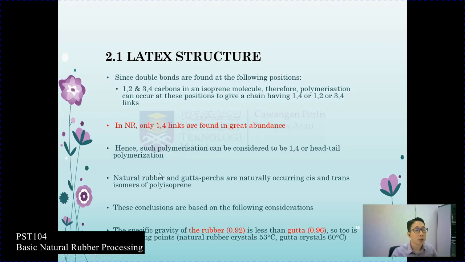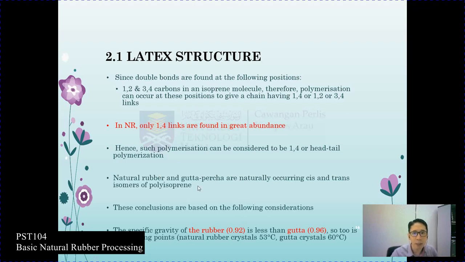So bear in mind, although in polyisoprene latex there is a mixture of 1,4, 1,2 and 3,4, we consider it as 1,4 polyisoprene because of the great abundance of the 1,4 structure.